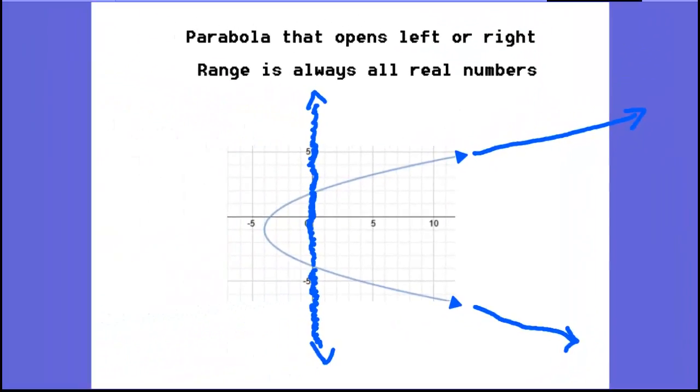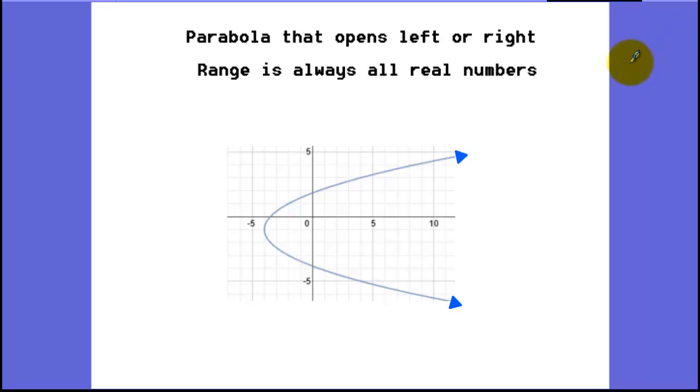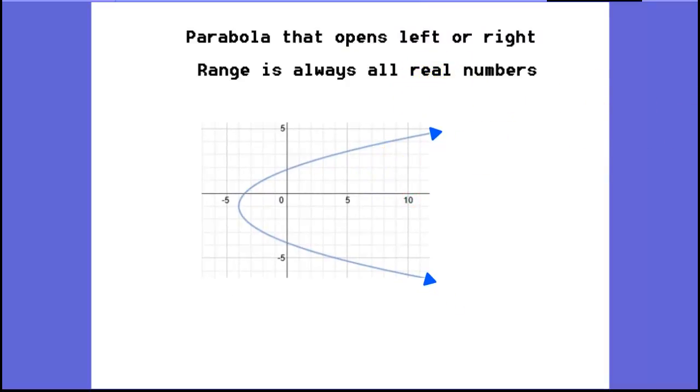Now what if we have a parabola that opens to the right? Now again, we said that the range is always all real numbers. How do we find the domain? To find the domain, just look at the x value of your vertex. So this is our vertex, and the x value here is -4.